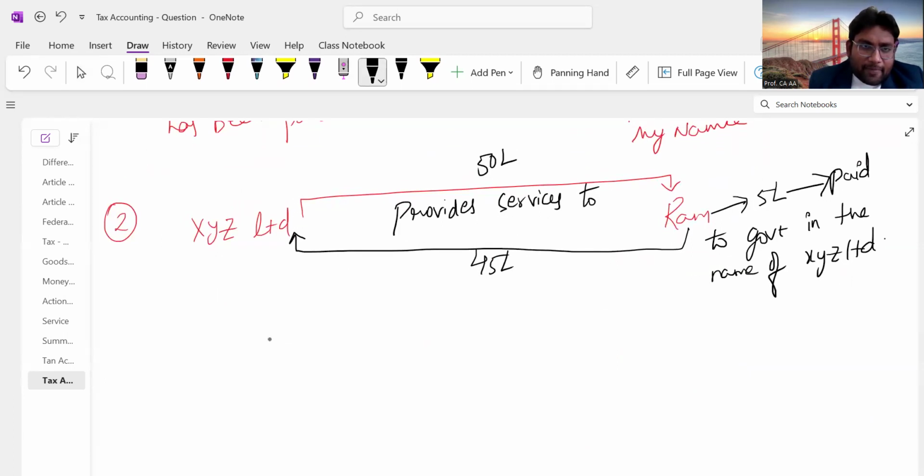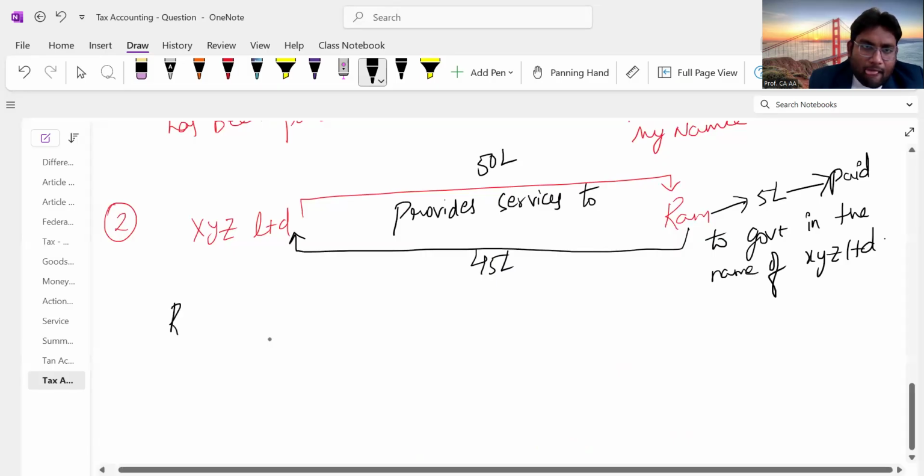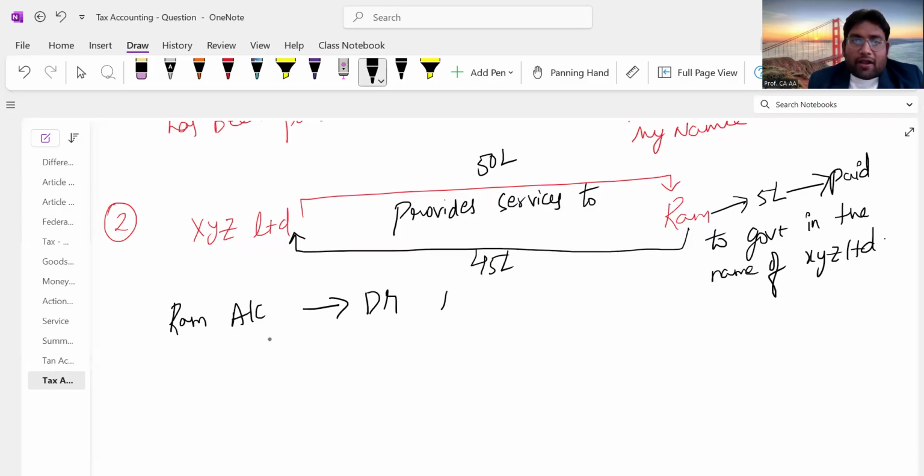So what happens when I am providing the services? What is the entry? Ram account debit 45 lakhs. As per the Income Tax Act, I need to recognize the TDS. The person who makes the payment has to deduct TDS at the time of payment or book entry, whichever is earlier.